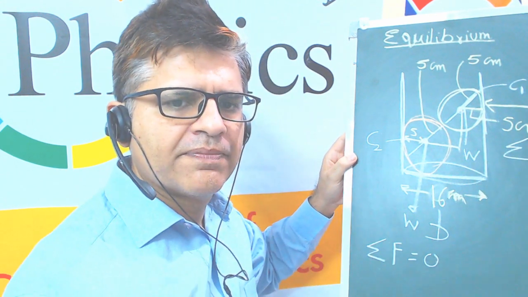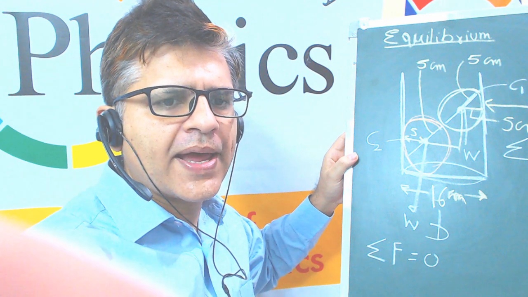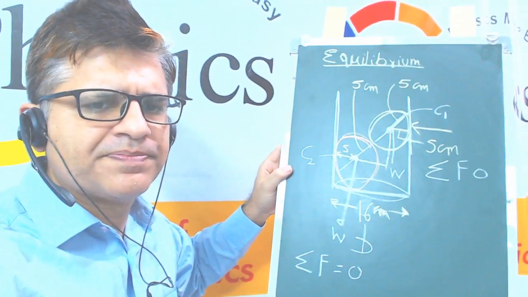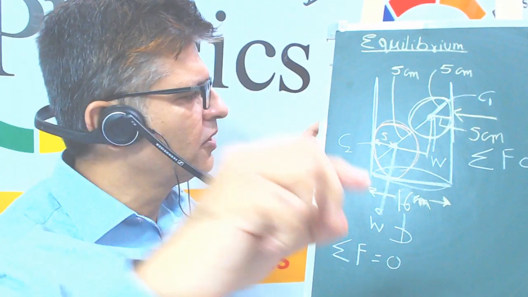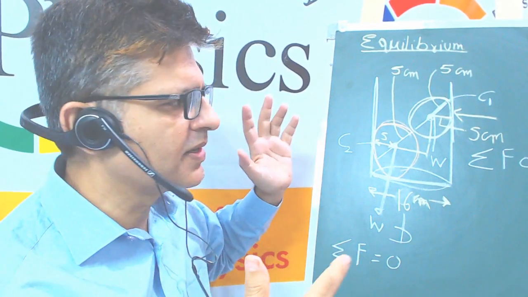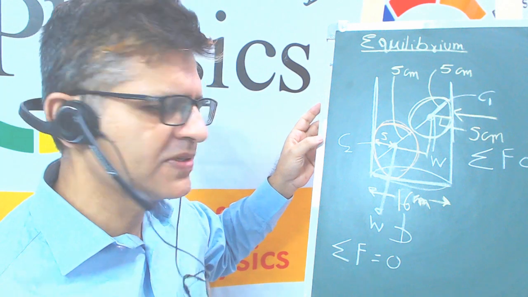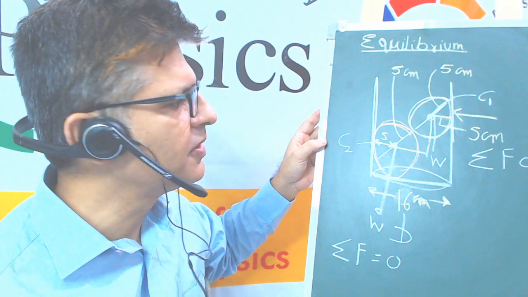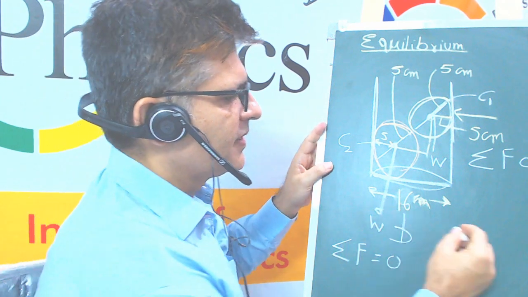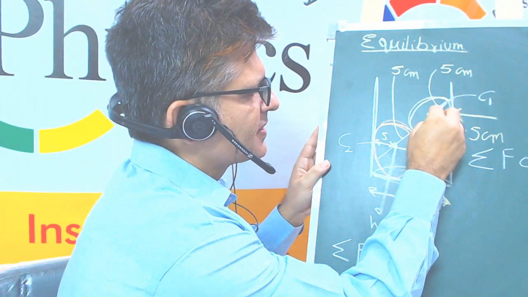Okay? The way to look at these numericals is, essentially what you have to do is draw the free body diagram, which is where the main thought process is.